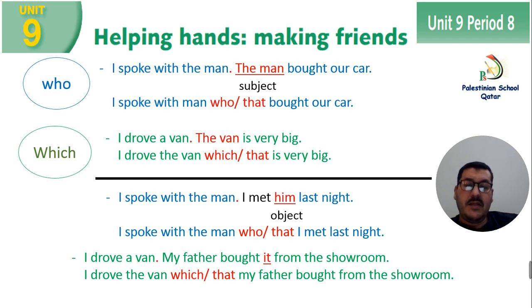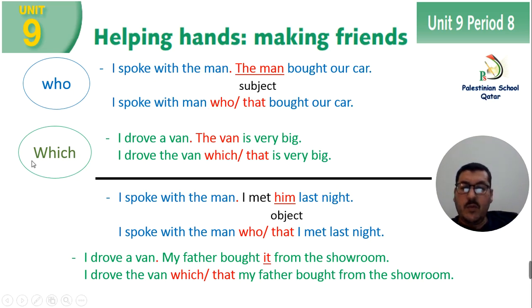In this case, I use this part, the relative clause who bought our car, to give essential information about who this man is. If I stop at I spoke with the man, you will ask yourself, who is the man? So I continue, who bought our car. This time, you understand who the person is I'm talking about.